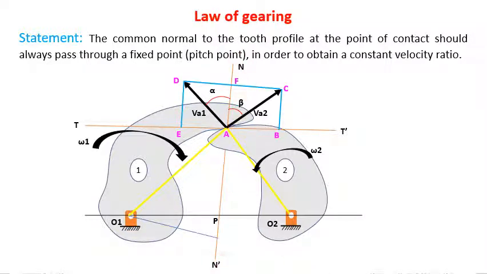This line is perpendicular to the common normal, and it touches the center of rotation.